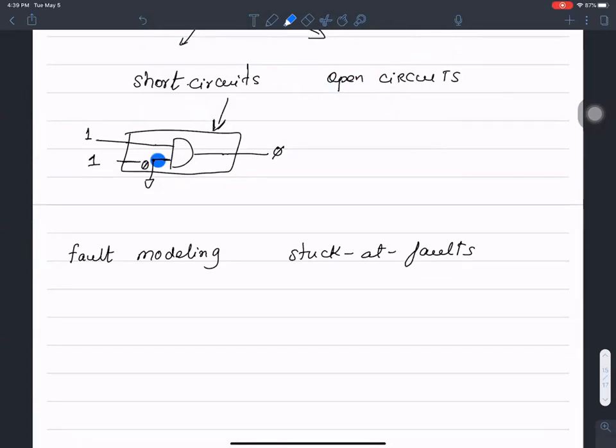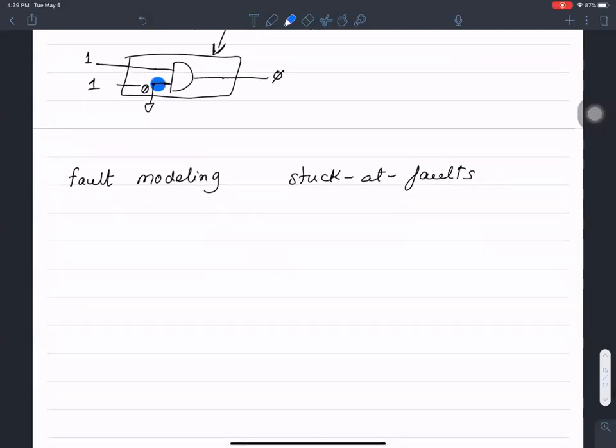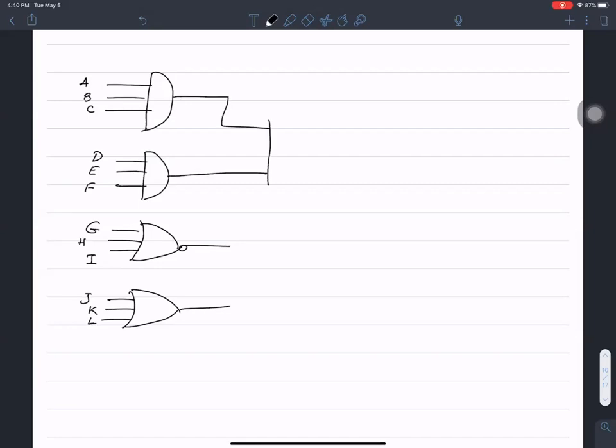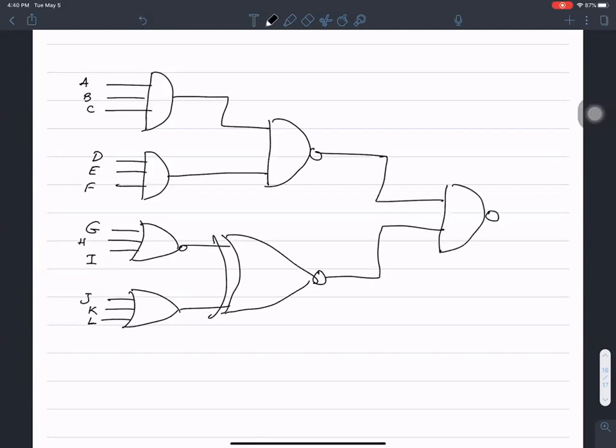So in order to understand how this is advantageous, let me show you an arbitrary combinational circuit. Let's say I want to pick an arbitrary combinational circuit, something like this. I'm just making this circuit up. Each of these has 3 inputs: A, B, C, D, E, F, G, H, I, J, K, and L. And let's say this goes to some kind of NAND gate, XOR gate, and then let's build a NAND gate over here.